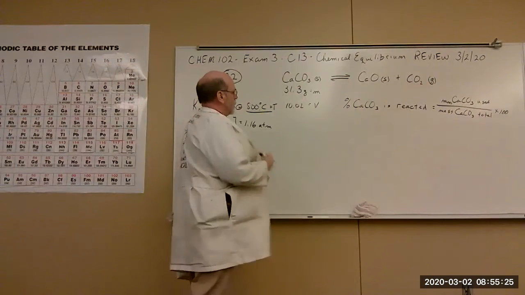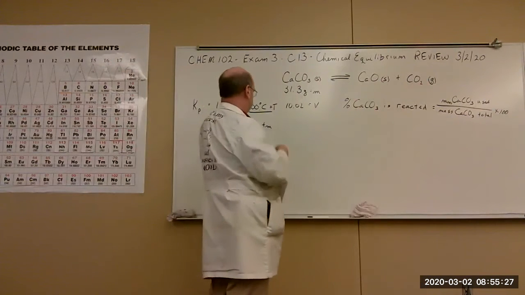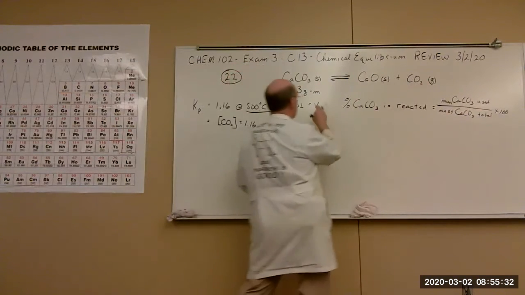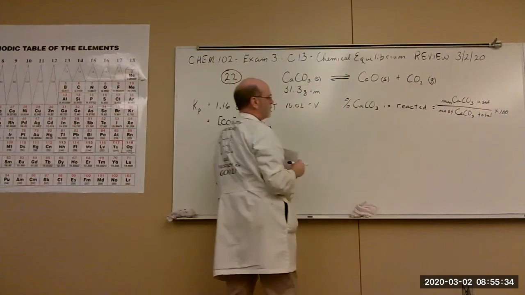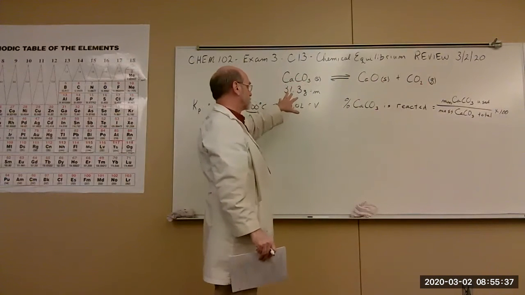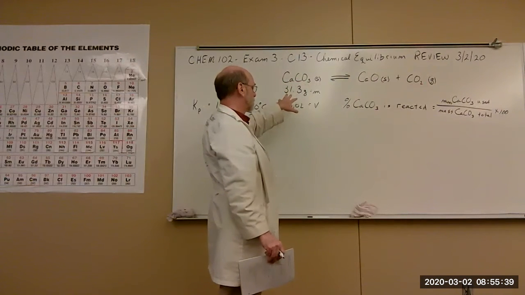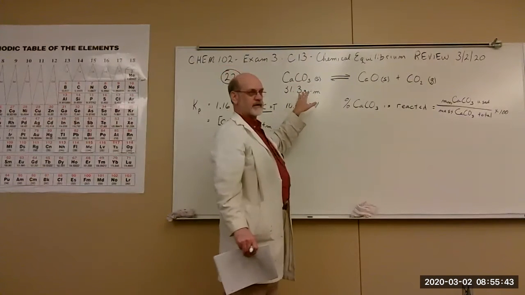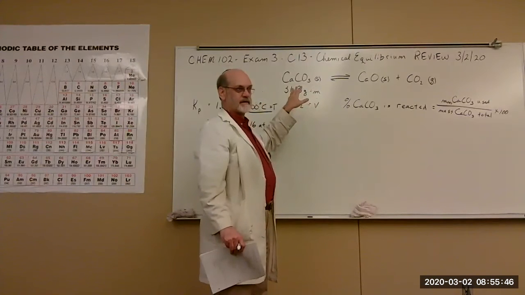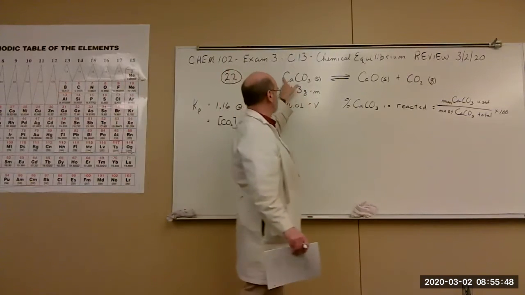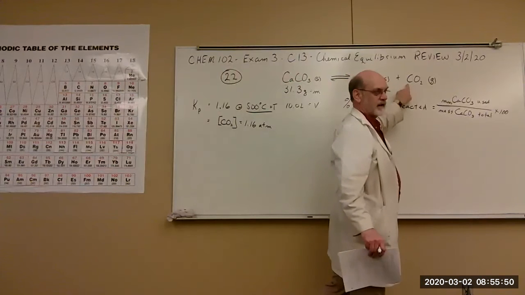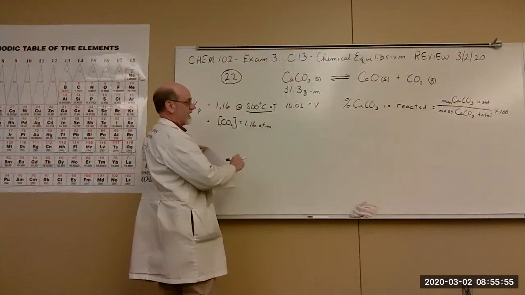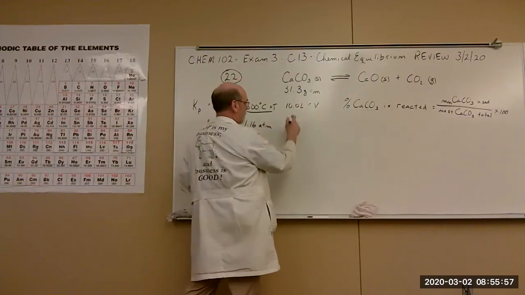So how do we know how much of this disappeared? We know what we're starting with, right? Can we tell how much was lost? What's the relationship here? This goes to that. And we can tell exactly how much of that we produce, right?